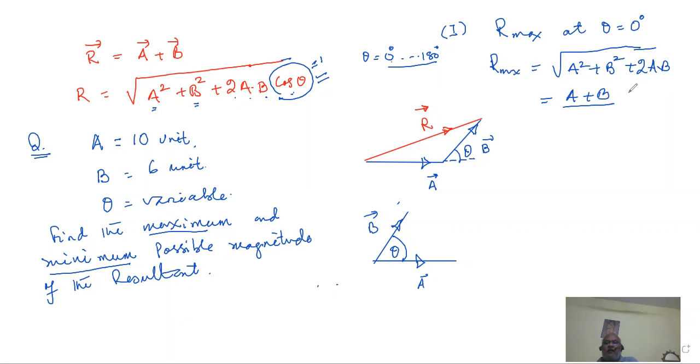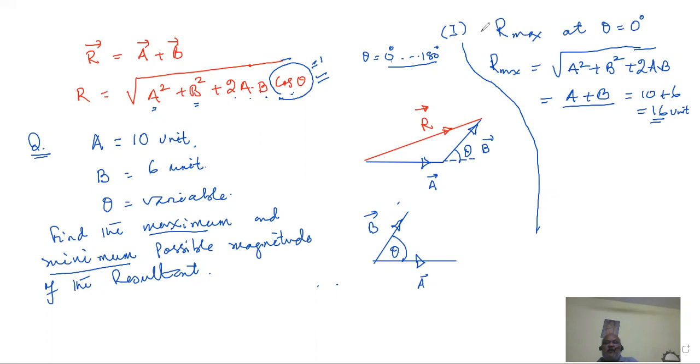Magnitudes are a and b, because magnitude of a is 10, b is 6, that is equal to 16. So the resultant maximum value will be 16 units. Under no condition is the resultant to exceed this value of 16.